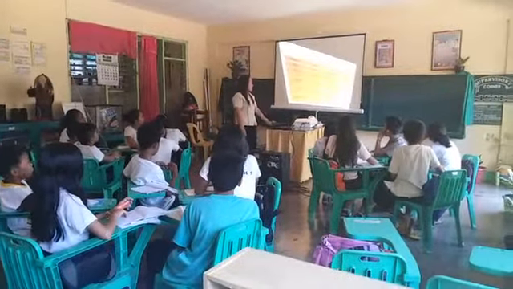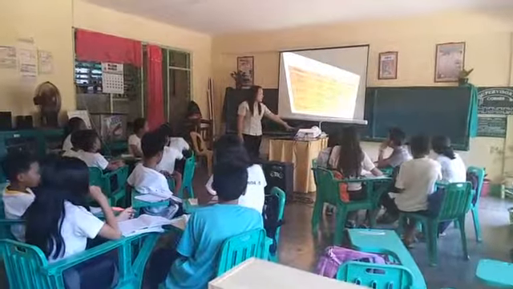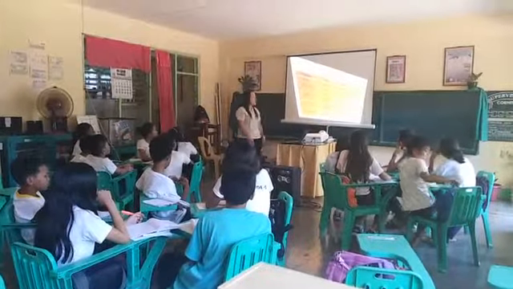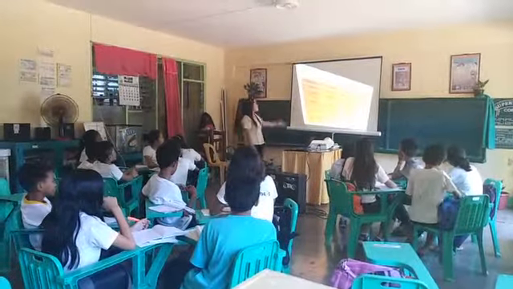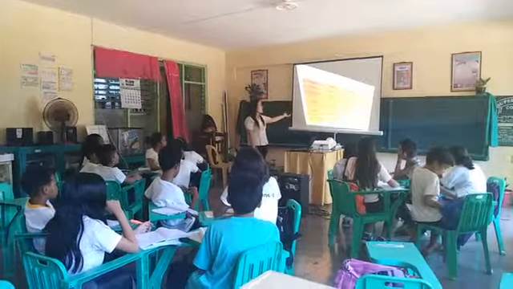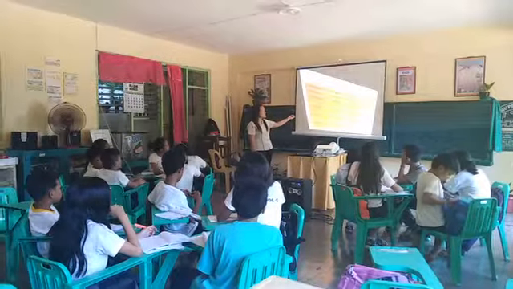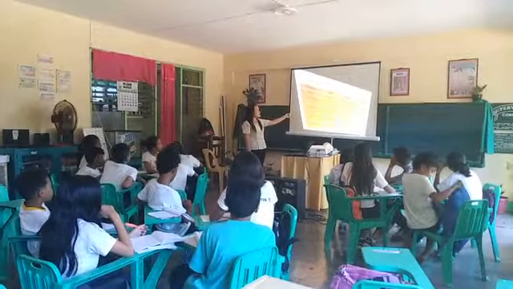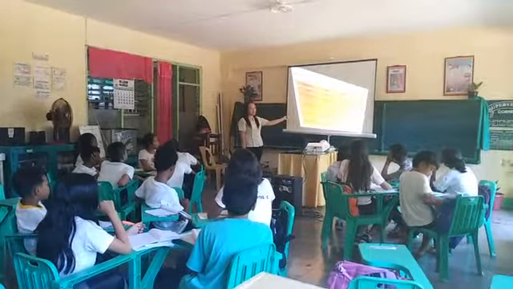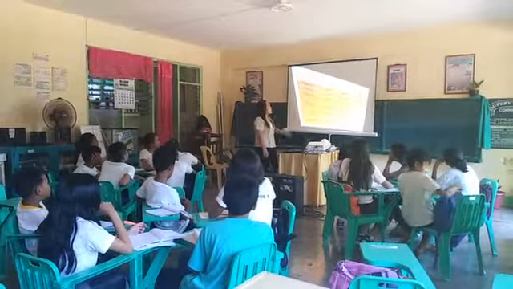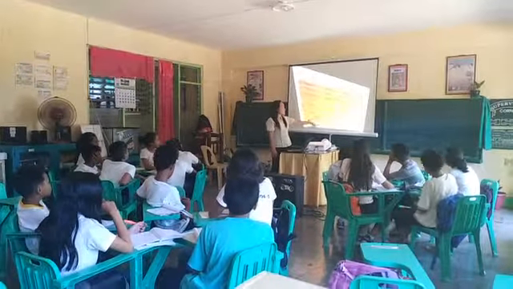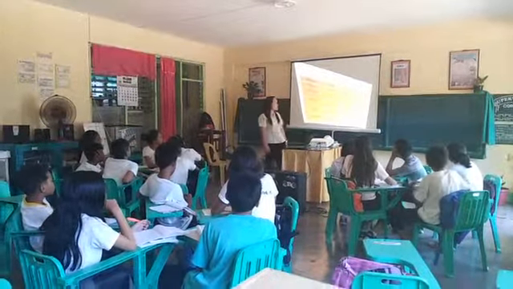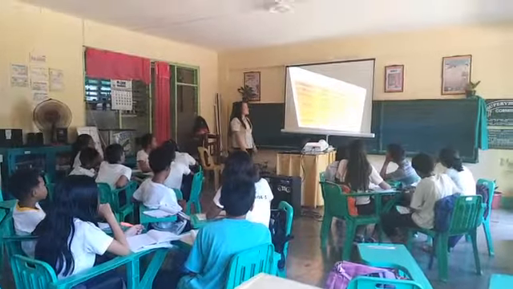Okay, so these are the units used in distance. When you see distance, it covers miles, kilometers, meters, feet, and centimeters. Okay, when we see time, we have hours and seconds. Then speed, we have miles per hour, kilometers per hour, meters per second, feet per second, and centimeters per second.